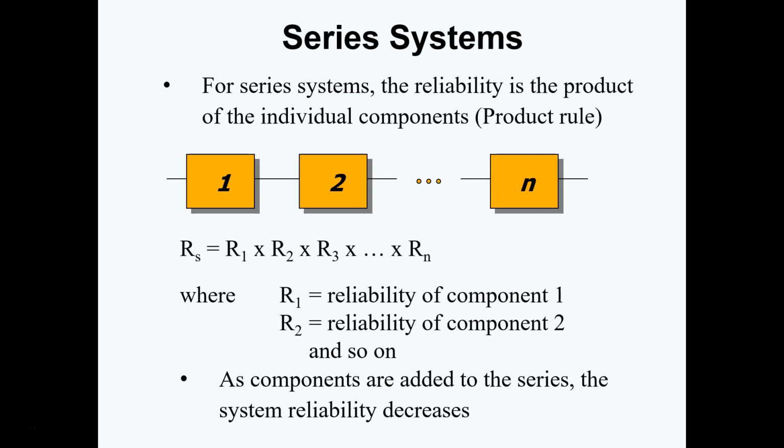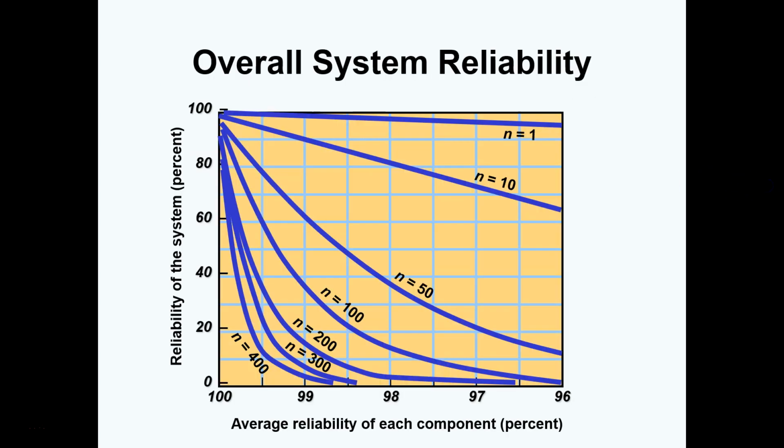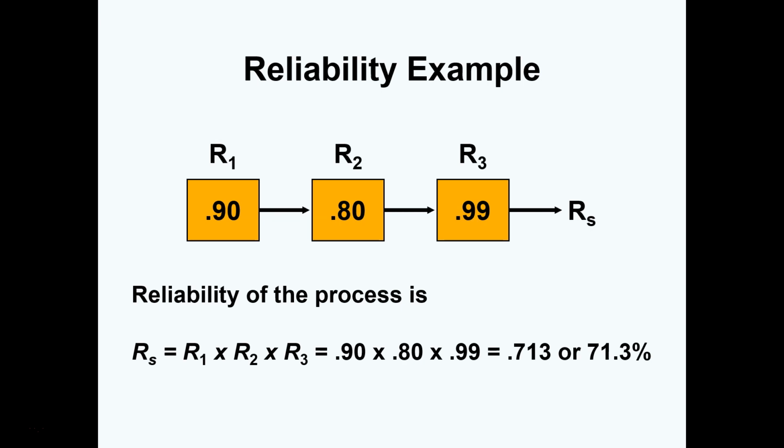Assuming here that R1 is the reliability of component 1, R2 is the reliability of component 2. As components are added to the series, the system reliability will decrease. This figure shows how system reliability decreases as the number of components increases. To understand more, let's look at the following example.